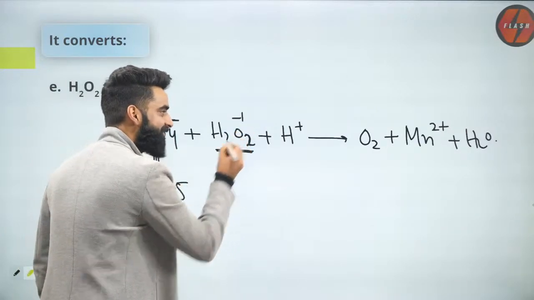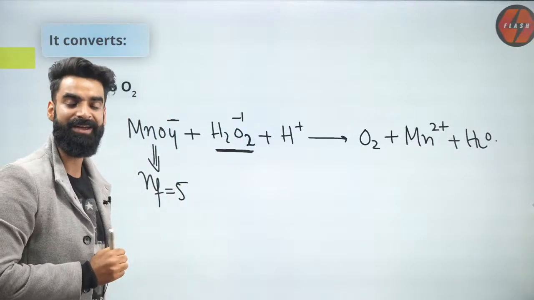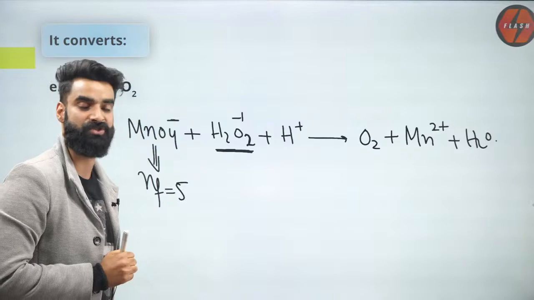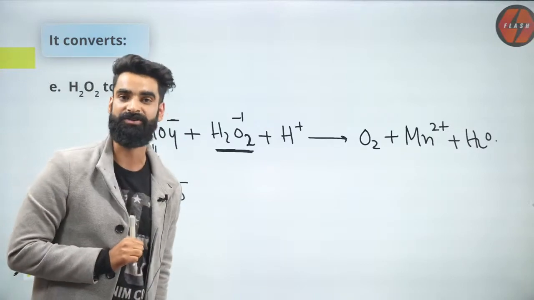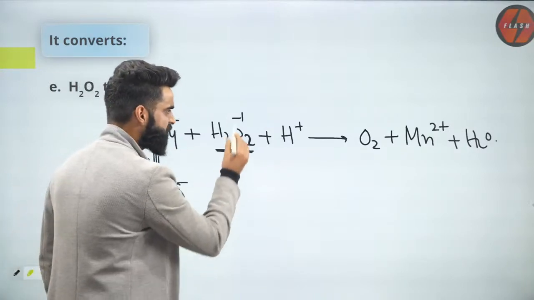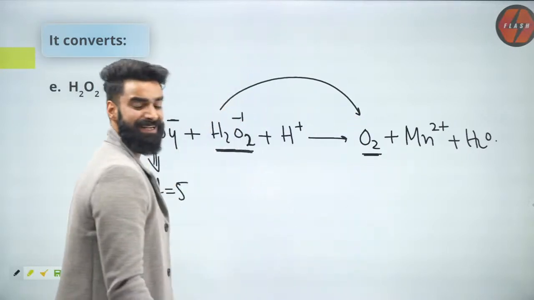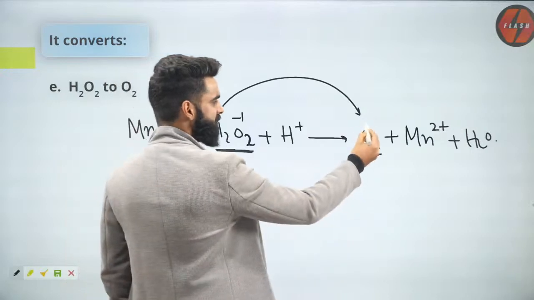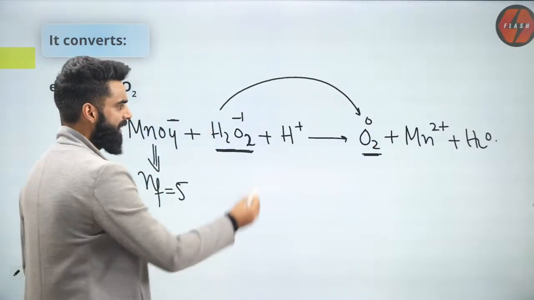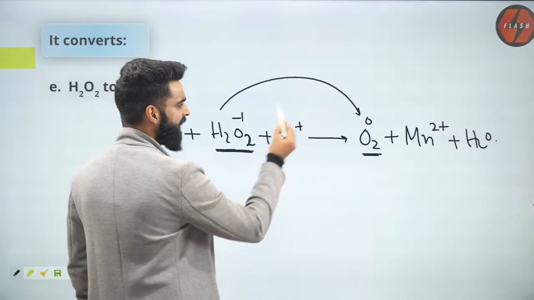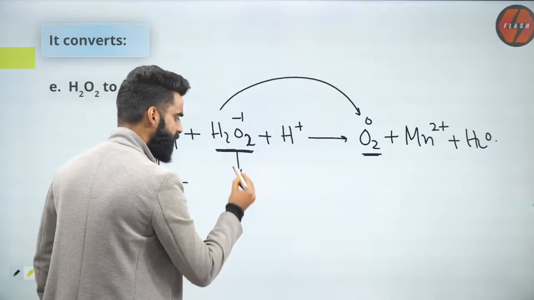So over here, oxygen will have -1 oxidation state. It's not going to be present in -2. And look here, this H2O2 is getting converted to O2, and O2 right here is in elemental, standard state. Its oxidation state is 0. It is changing its oxidation state from -1 to 0.